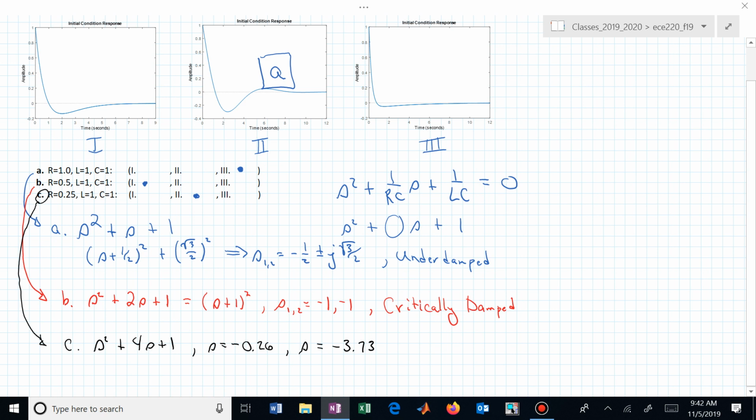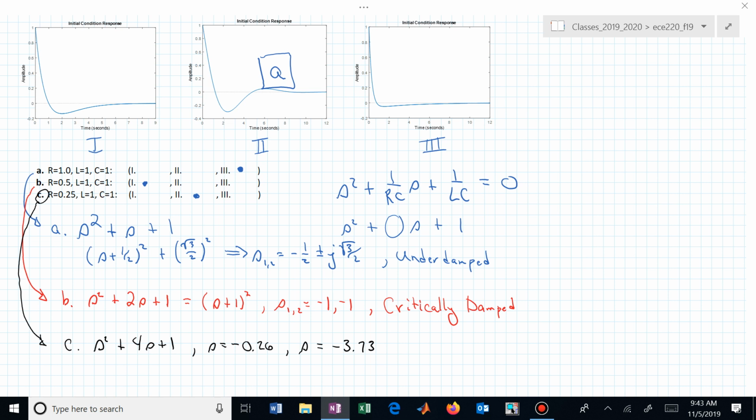Which one is critically damped versus overdamped? Okay, so that was too mixed up. Which one is overdamped? 1 or 3? Which one has an overdamped response versus a critically damped response?